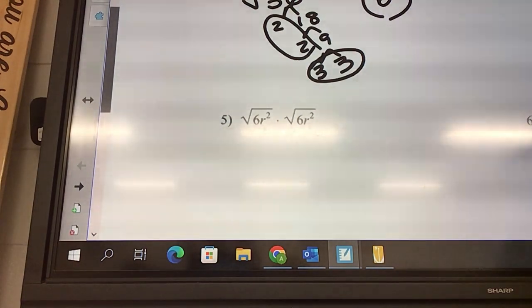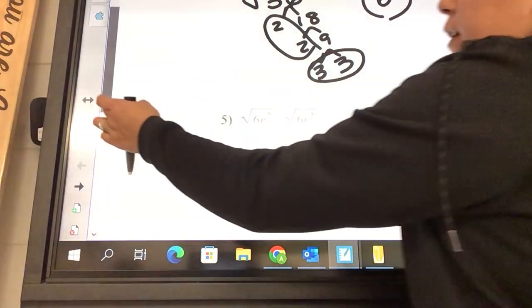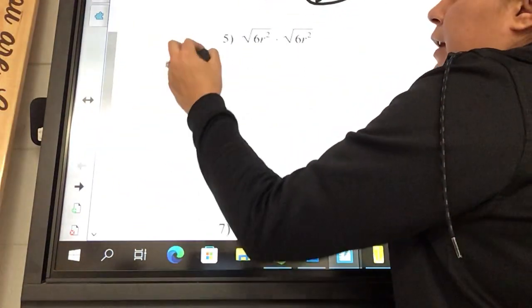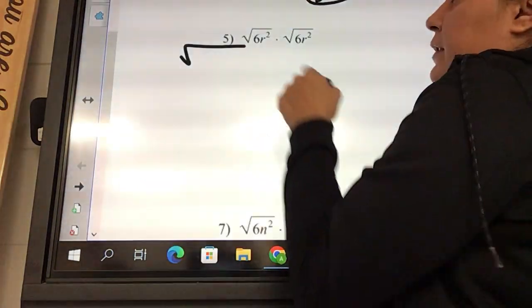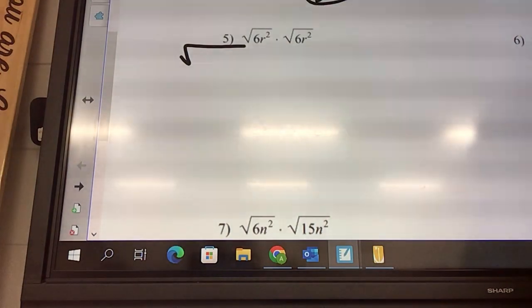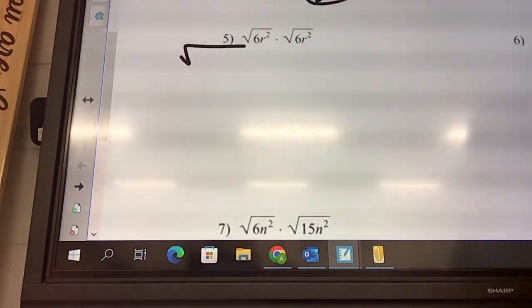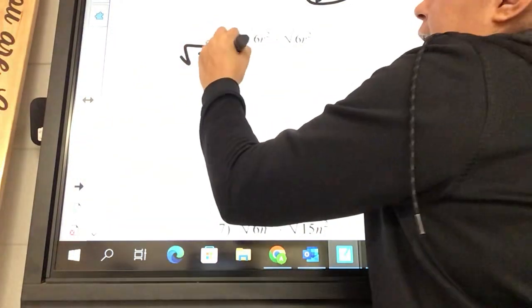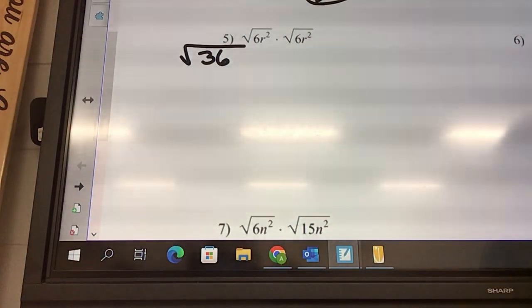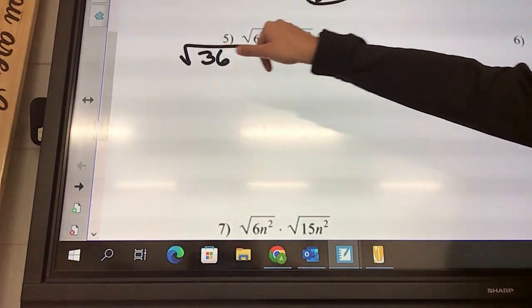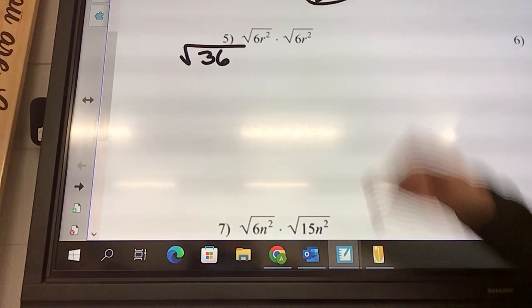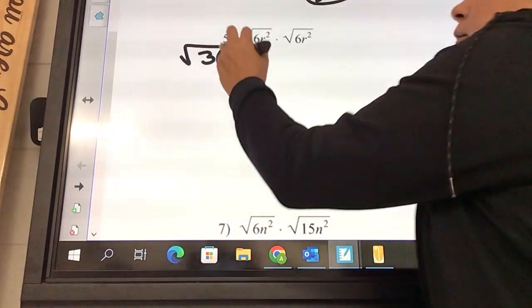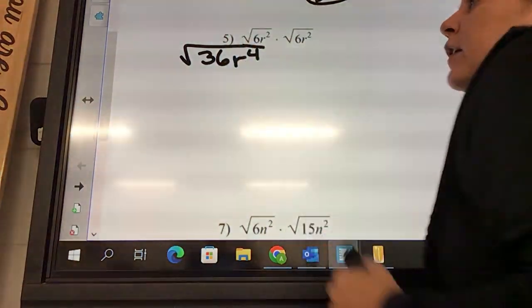When we have numbers and letters, it works kind of the same. We can put all of these underneath the same radical. So 6 times 6 is 36. Then with the letters, you add the exponents together. So this one has 2, and how many does the other have? 2, which makes 4.